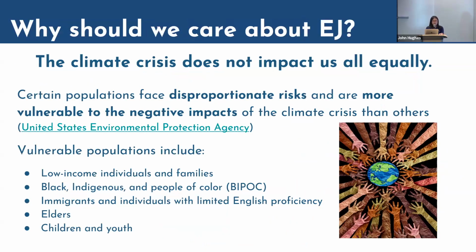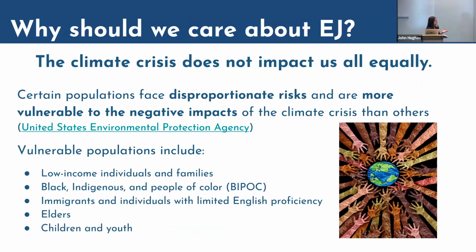And so environmental justice is a really important topic, I believe, because studies have shown, and people's lived experiences have shown, that the climate crisis and its impacts do not impact us all equally. There are certain populations that are more vulnerable to the risks of the climate crisis and disproportionately suffer environmental hazards or harm.